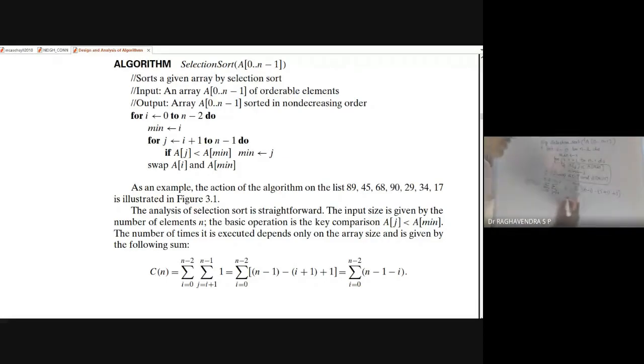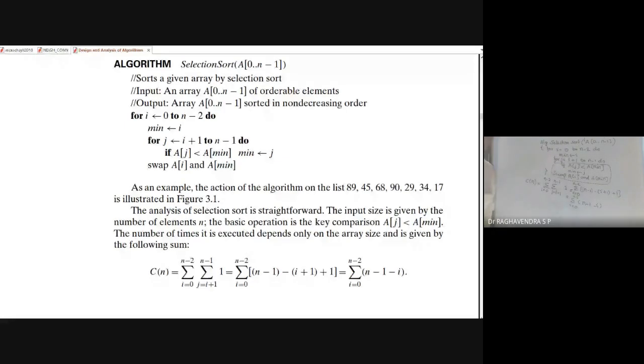Okay. So now to simplify this, what happens? Sigma I equals 0 to n minus 2. So here the n minus 1, you take this as it is, minus I plus 1 minus 1. What happens? Minus 1 plus 1 cancel out. What remains is n minus 1 minus I. So this is what is going to remain.